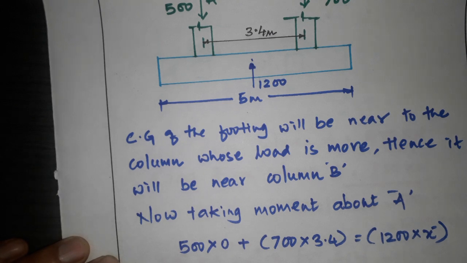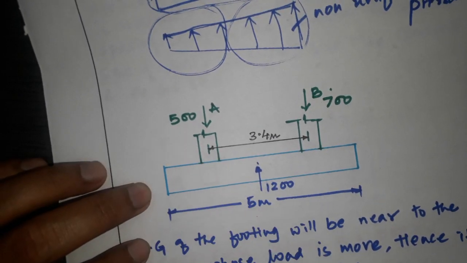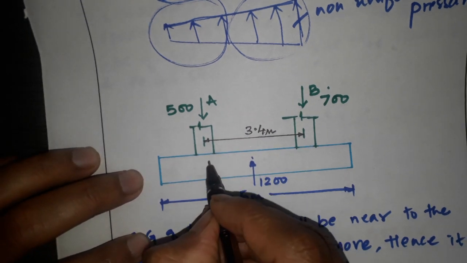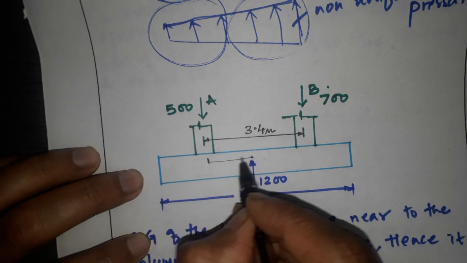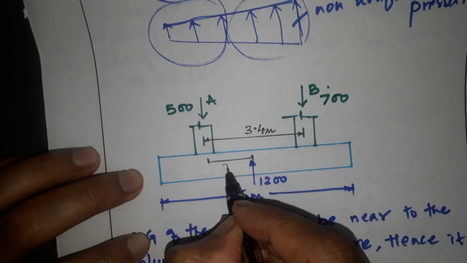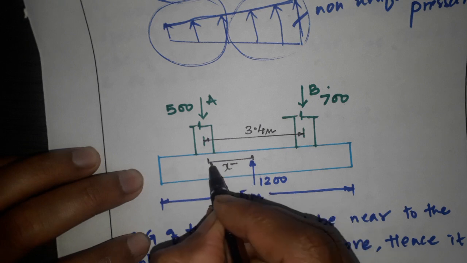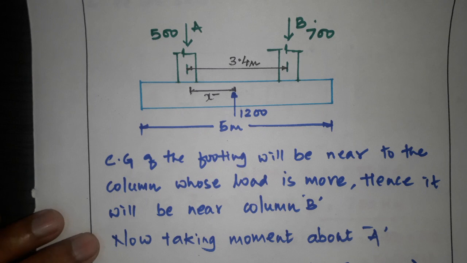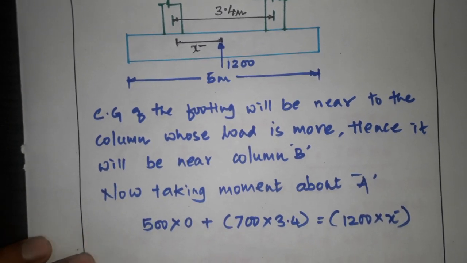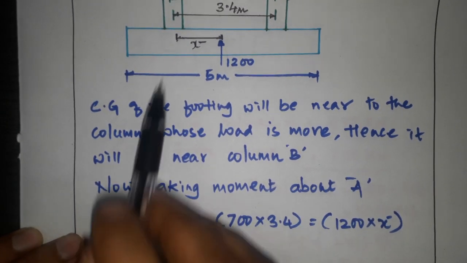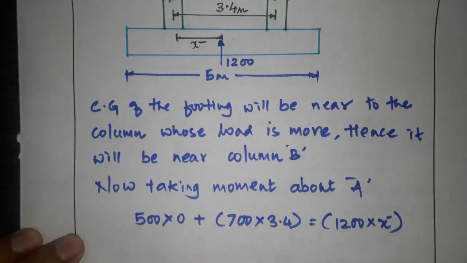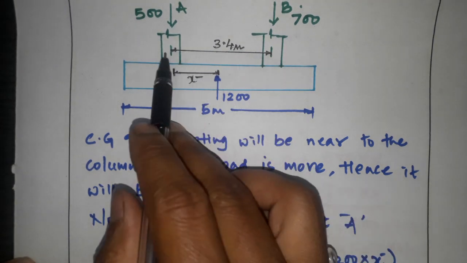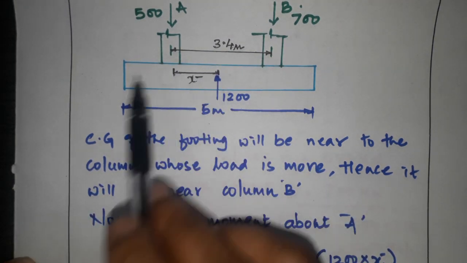What is that x bar? Since we are taking moment about A, this distance from here to here we'll assume as x bar. So 500 into 0, because we are taking moment about A only, plus 700 into 3.4 is equal to 1200 into x bar.